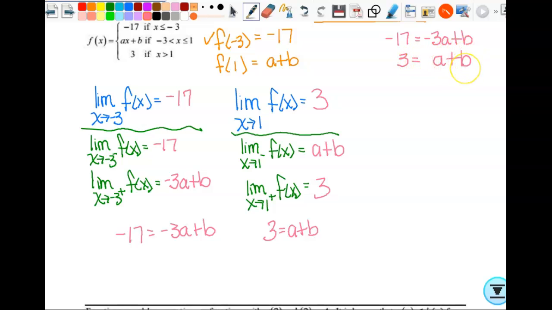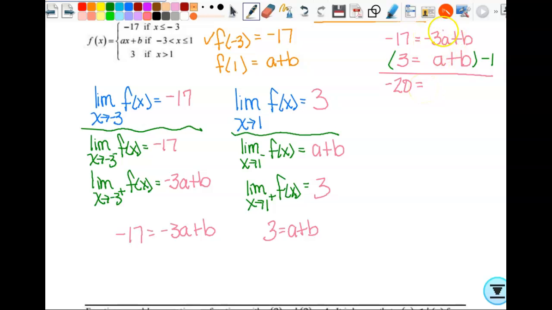And I don't care if you do substitution or elimination, it doesn't matter. This one I feel like is set up pretty good for elimination, wouldn't you? Okay, so I would take this and multiply this whole thing by a -1 right there. That way, when I do this, this will be -17 minus 3, which is -20.